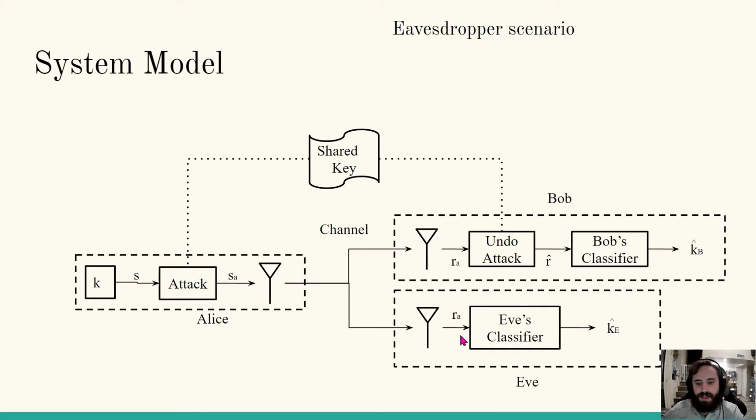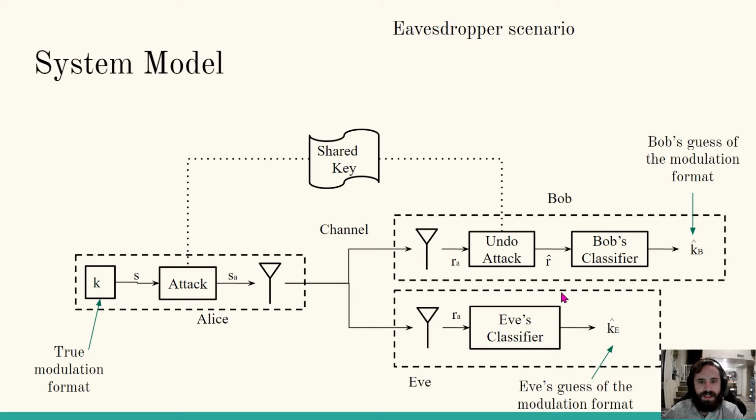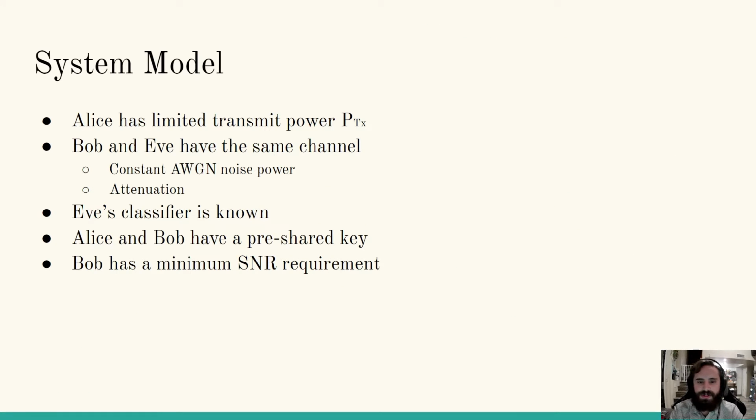So Eve can just take that received signal, R sub A, pass it through her classifier, and she will get what her guess is, K hat sub E. And hopefully, K hat sub E, Eve's guess, will be incorrect, and Bob's guess, K hat sub B, will be correct.